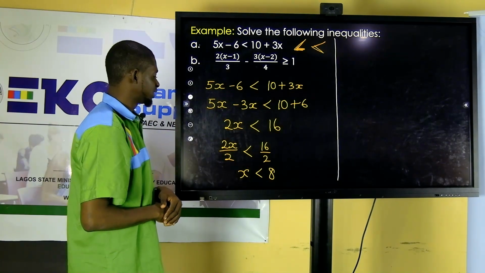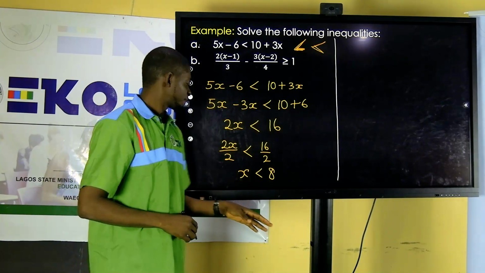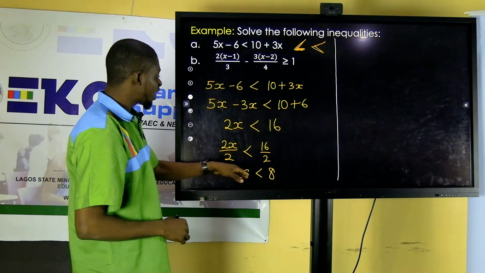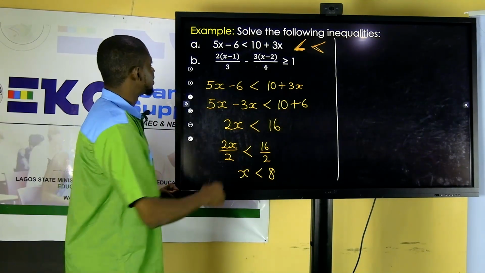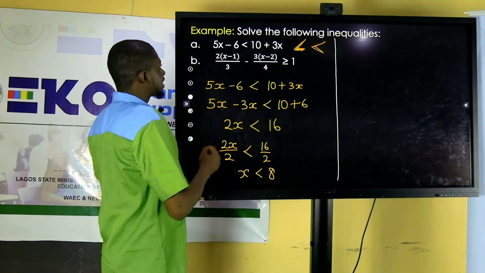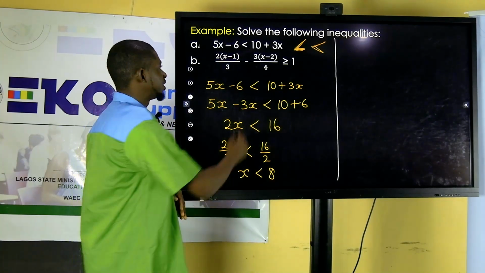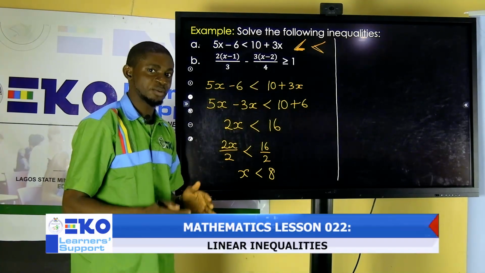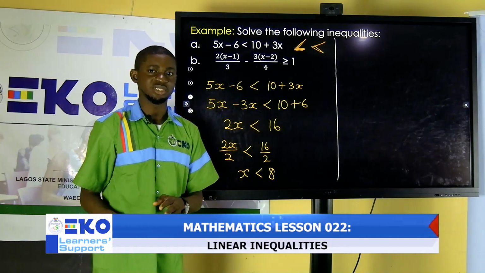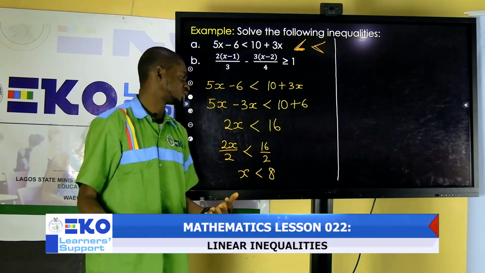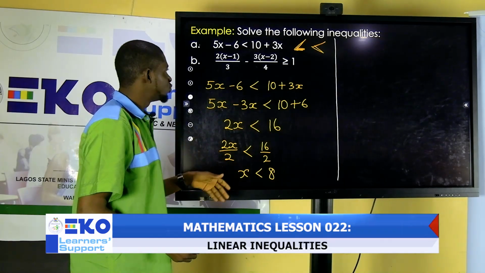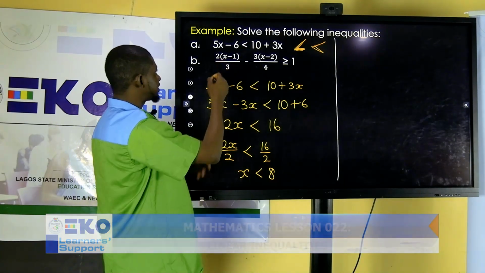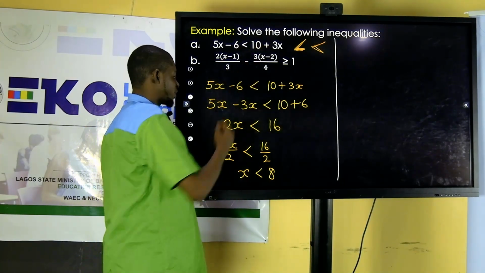What does that mean? This is telling us that for any value that is less than 8, this left-hand side is less than the right-hand side of the inequalities. Remember, this is not equation, this is inequality. It compares two expressions using inequality sign. So what are the possible values that can tell us that this left-hand side is less than the right-hand side?